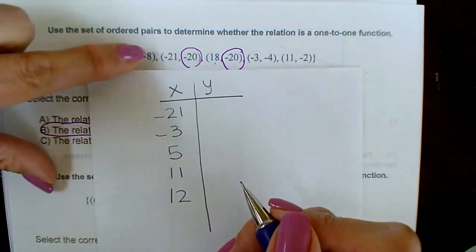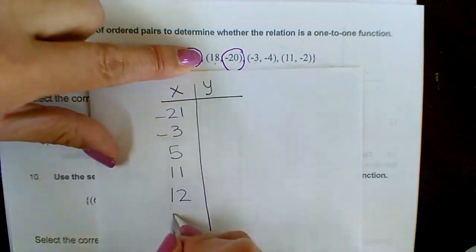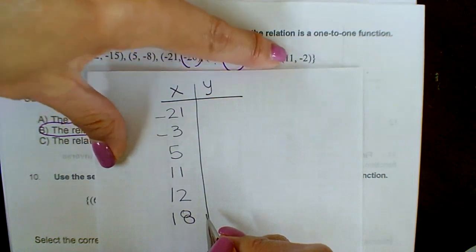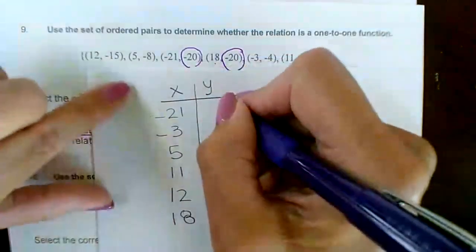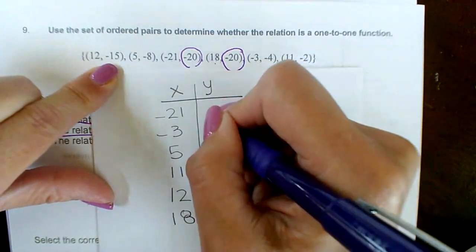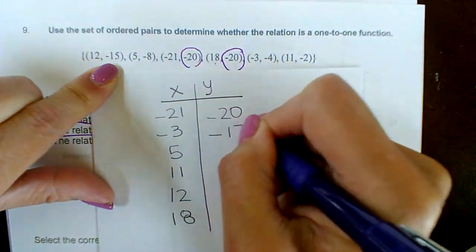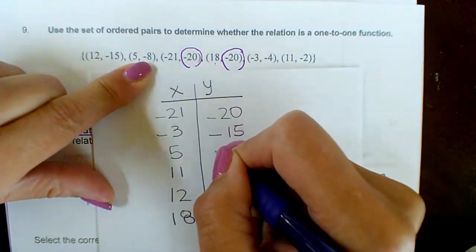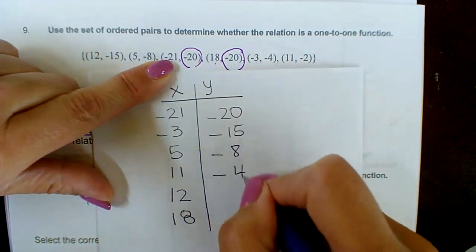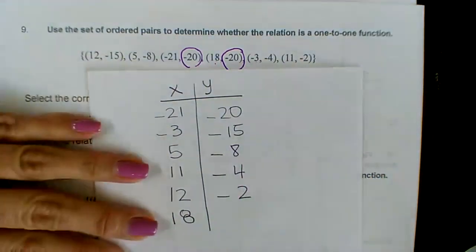Yeah, 12 is here, 5, negative 21. Okay, I'm missing 18. Now, from here we have negative 15. There.